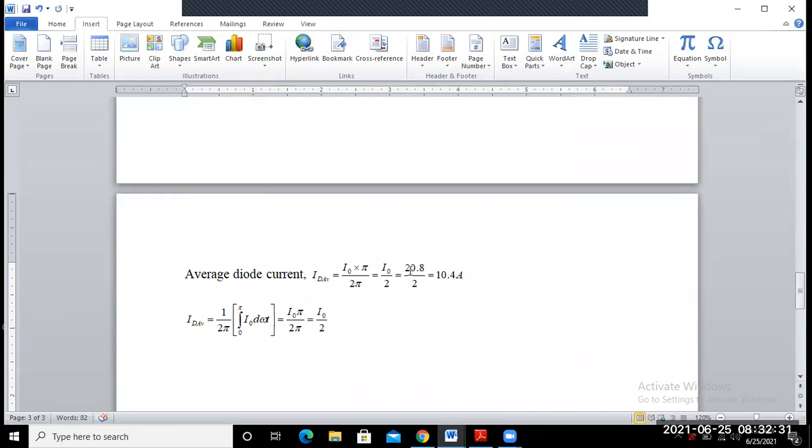Similarly, the RMS value of diode current can be found out, that is the square root of I0 squared. That is what we require to do here. Just the whole to the power 2. So when we put the whole to the power 2, we can write the RMS value.